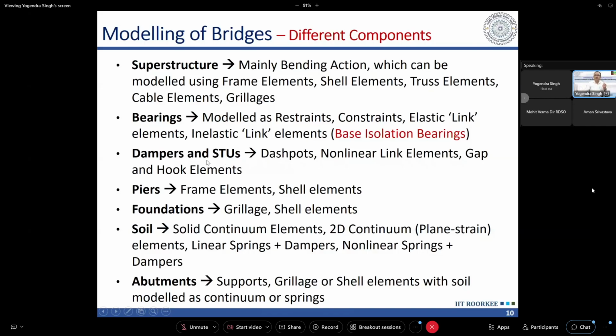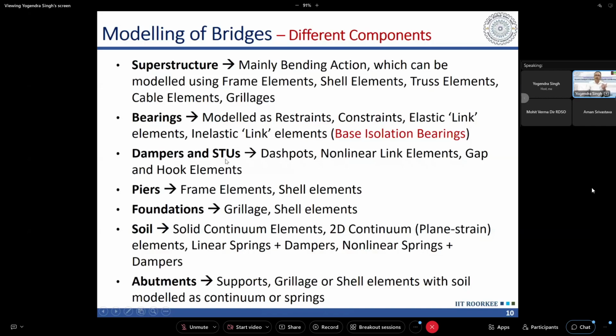There the deformation occurs slowly, and under slow movement these are not effective. But in the case of an earthquake, there is a sudden displacement of the superstructure. Then these lock the superstructure with the pier cap. So STUs are nothing but very high damping dampers.